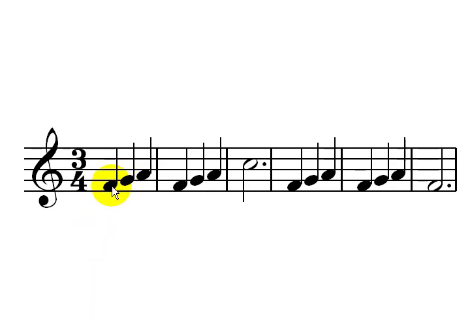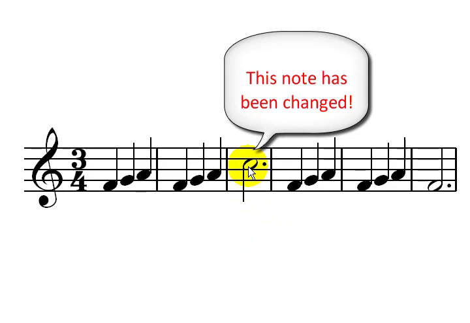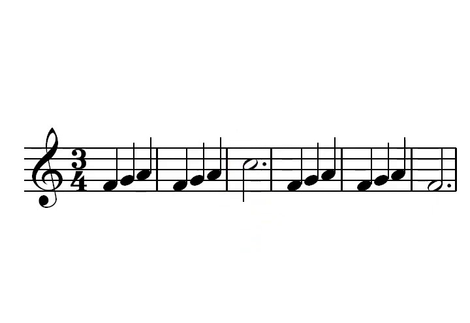Now we have this group of 3 bars here, but you notice I've changed one note. The note highlighted here in yellow has been changed. So we cannot use the repeat signs the same way we did in the previous example.